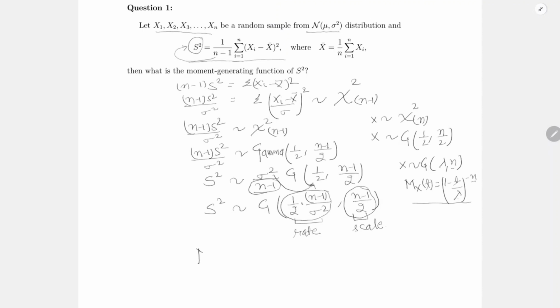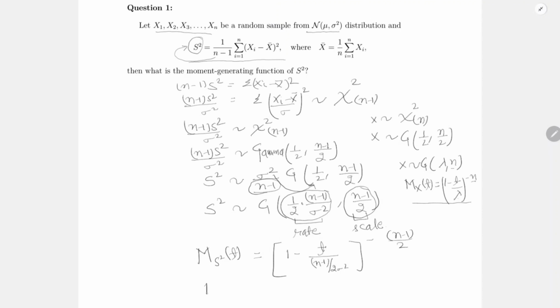Okay, so what will be the moment generating function of s square? Just simply put, in the place of lambda, write (n minus 1) upon 2 sigma square, so 1 minus t upon (n minus 1) upon 2 sigma square, and in the place of n, write (n minus 1) by 2.